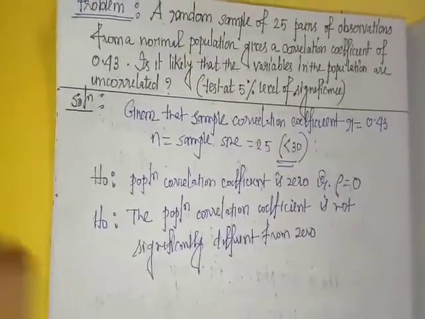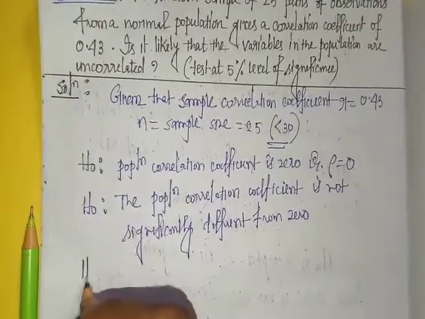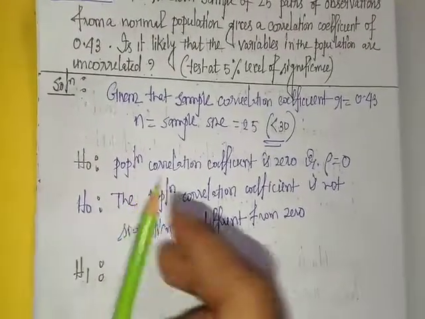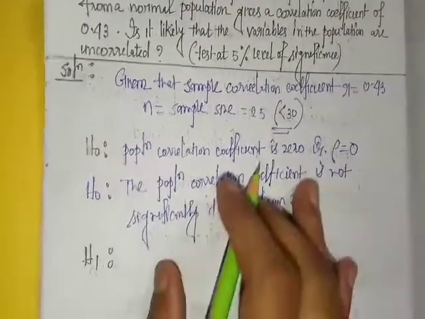And the alternative hypothesis becomes the complement of this statement, that is, the population correlation coefficient is significantly different from 0.